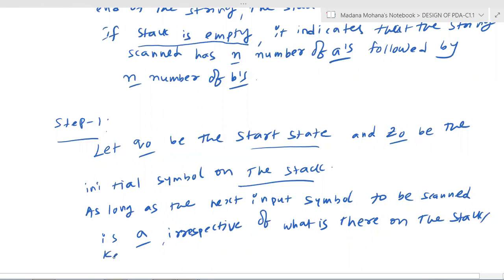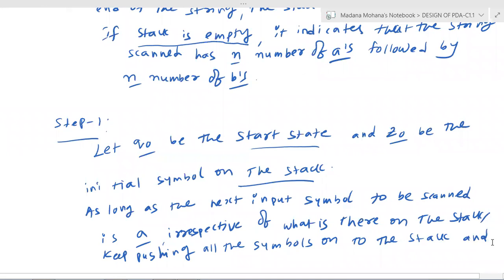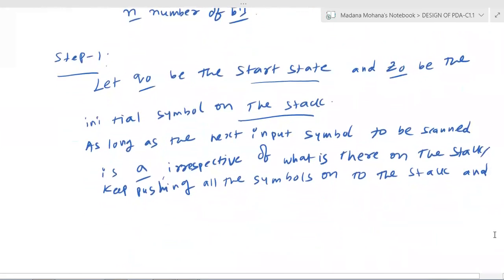Keep pushing all the symbols onto the stack, and remain in the same state. Here don't change state.